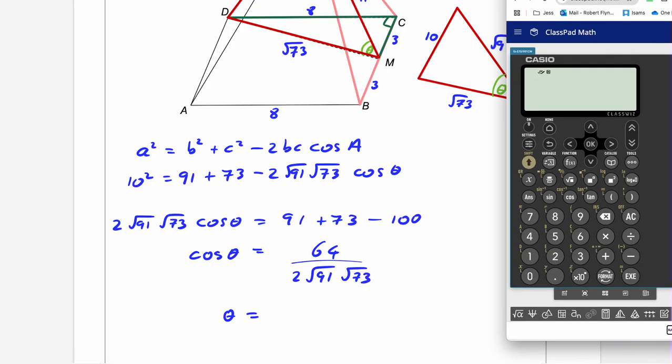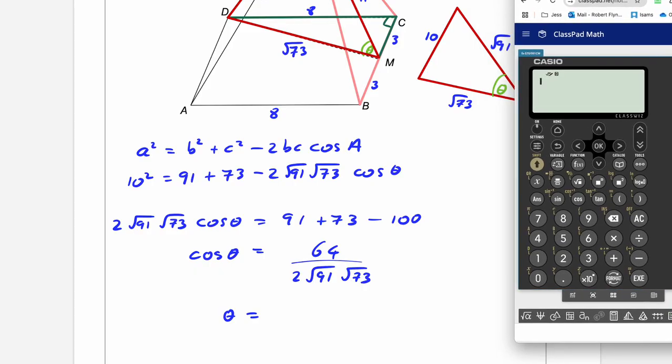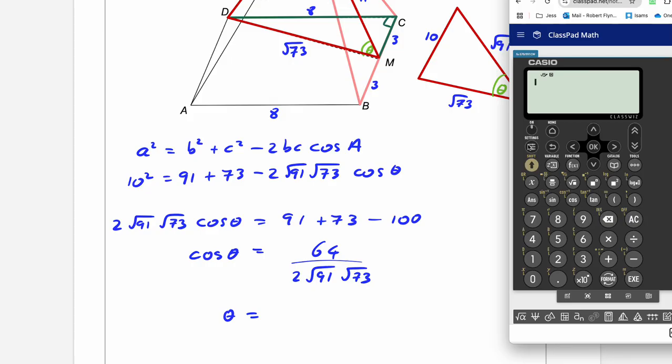Okay, so this, guys, is the inverse cos. Where's my inverse cos? Inverse cos of 64 over 2 times root 91 times root 73.